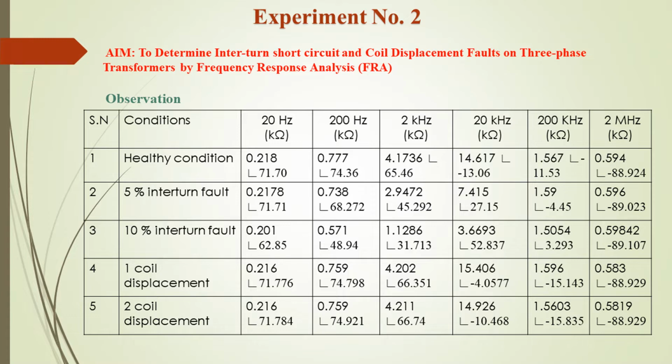The value of Z is decreasing in this case, and in the case of the coil displacement fault, the value of Z is increasing at the middle frequency range, and for other frequency ranges the values are decreasing with very small magnitude. From this you can detect the interturn short circuit fault and coil displacement fault under online or offline conditions. Hence this is our complete demonstration of this FRA experiment.